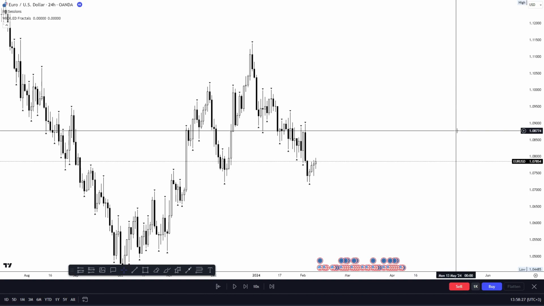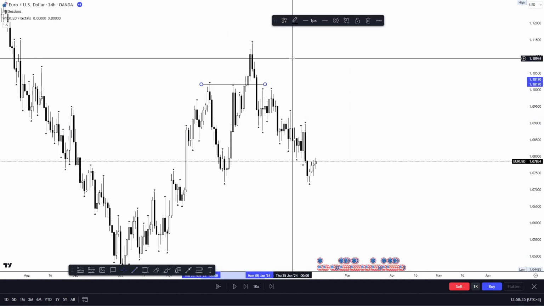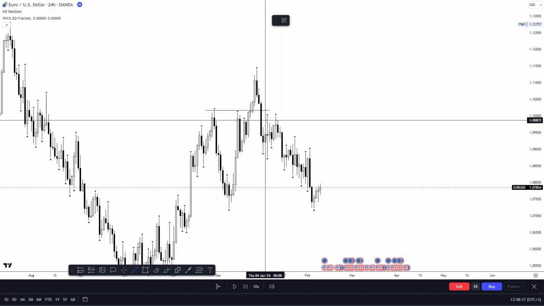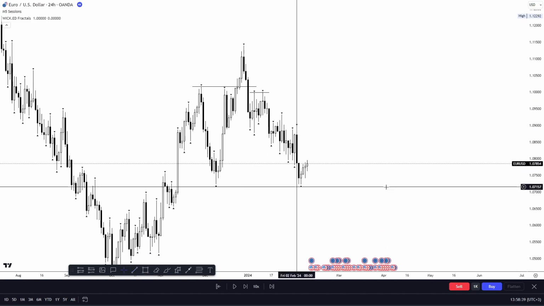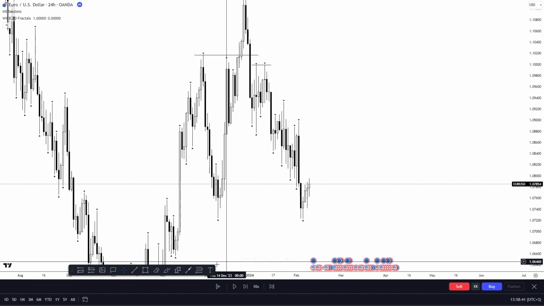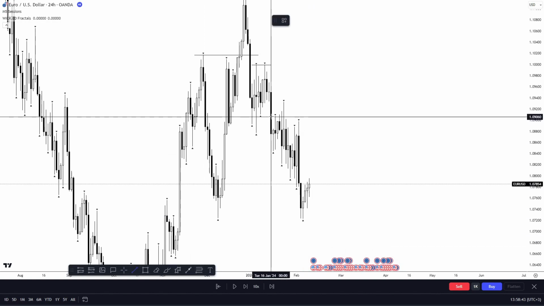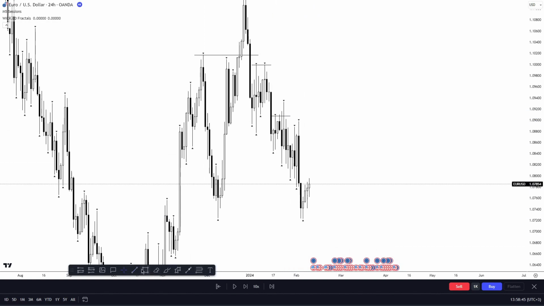Now let's see some examples of timeframe synchronization, and the first example will be the position that I took in February. On the daily timeframe I can see that the price is currently moving in bearish order flow, so it goes down and it works with the liquidity and with the fair value gaps also.